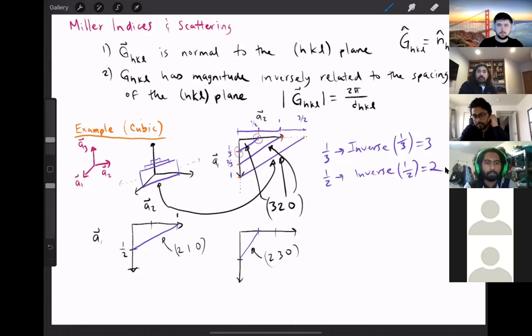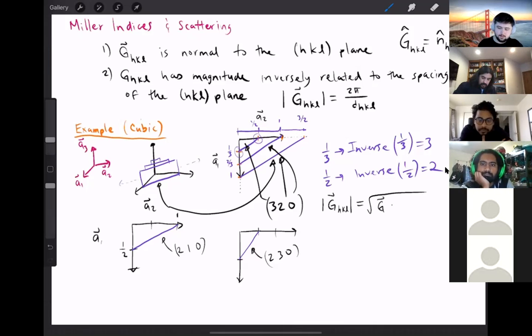All right, so what I wanted to show you then is, how do I get the magnitude of this G vector? So let's say this is my vector, right? The magnitude is by taking the square root of G dot G, with HKL, HKL.